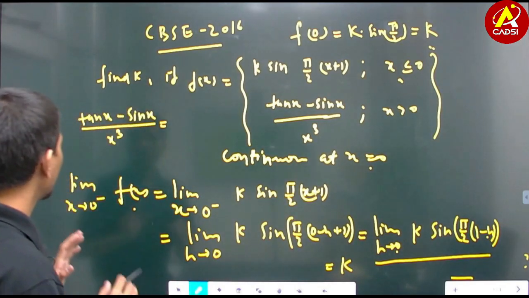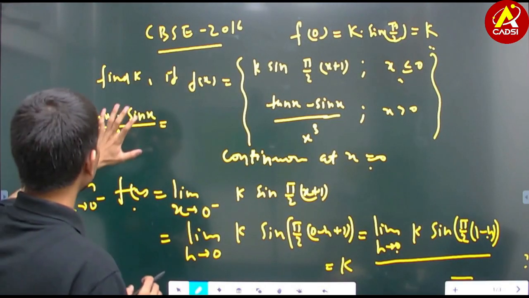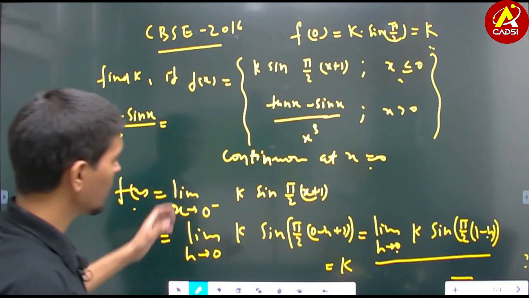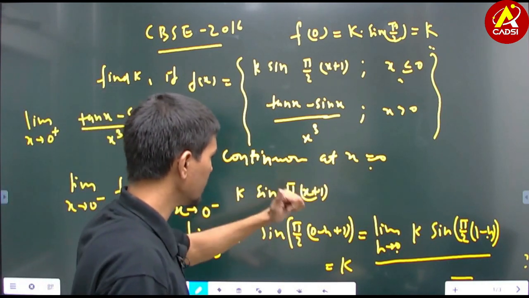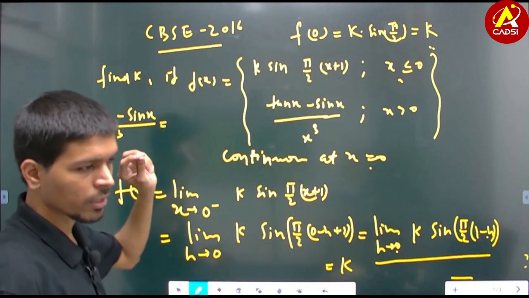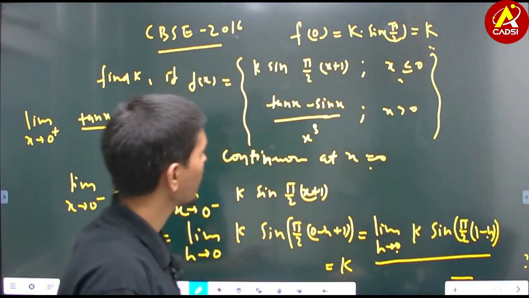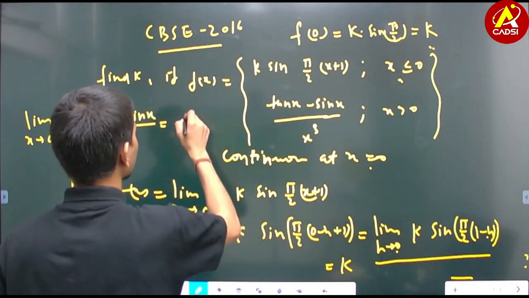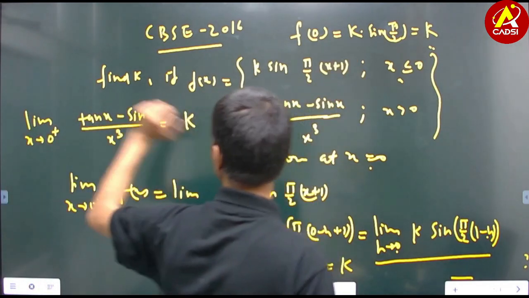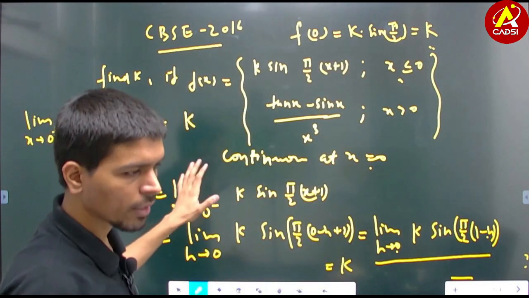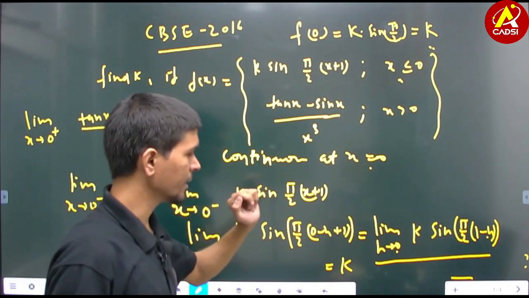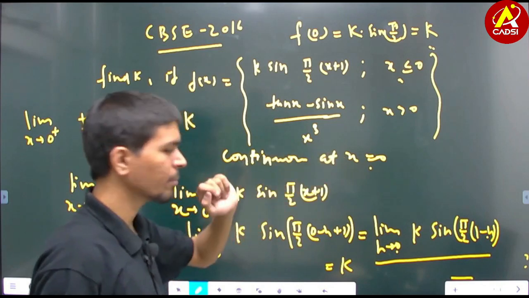So we only have to find the value of this expression. By the definition of continuity, this value, this value and this value should be the same at a particular point.